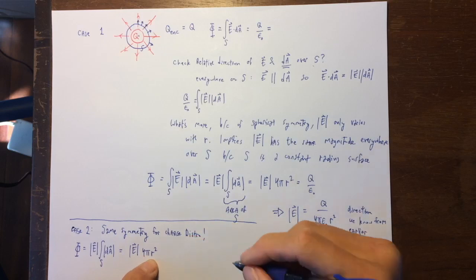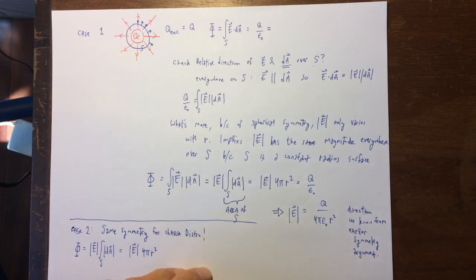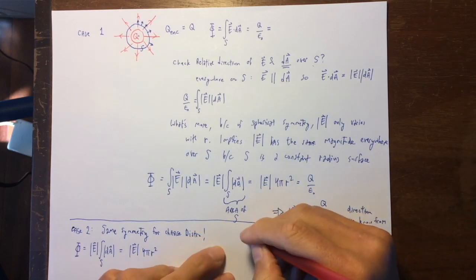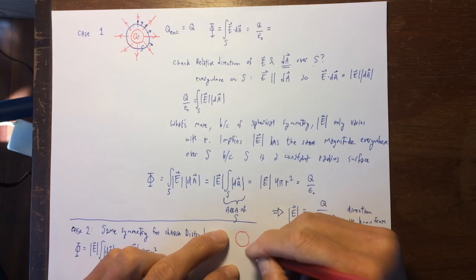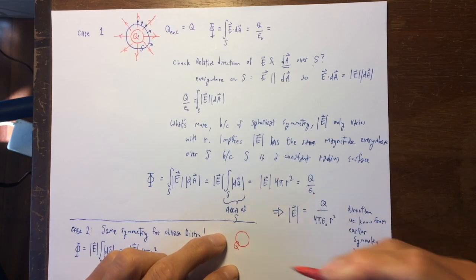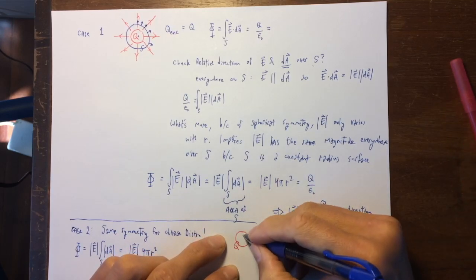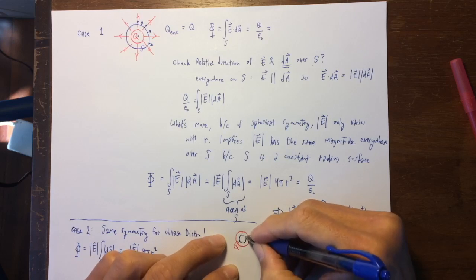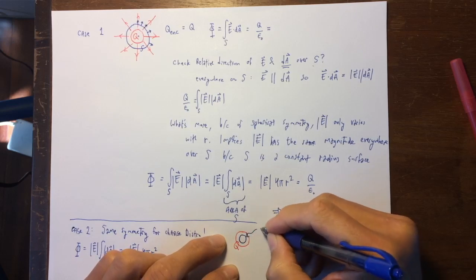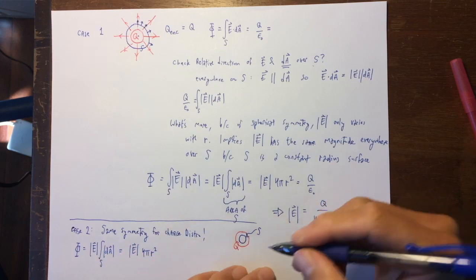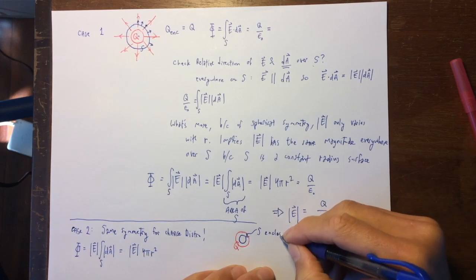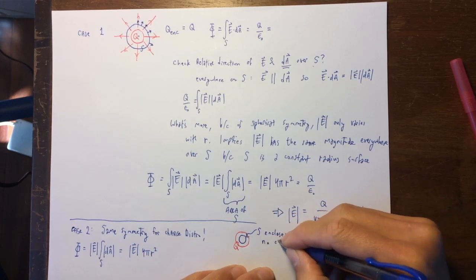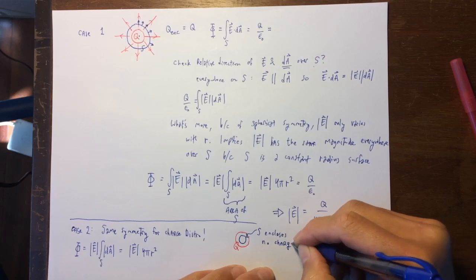But the thing is if you look at case 2, it has the charge distribution Q, and we have a Gaussian surface on the inside. So the Gaussian surface encloses no charge.